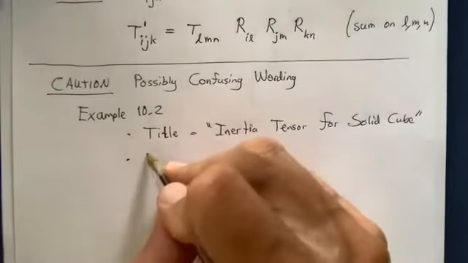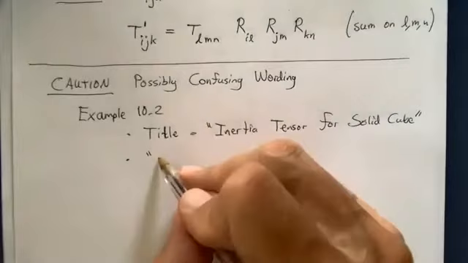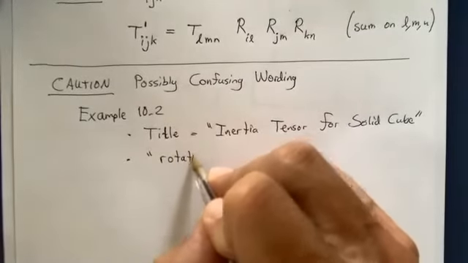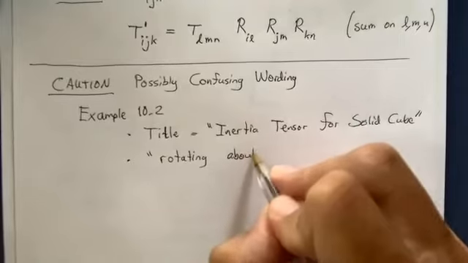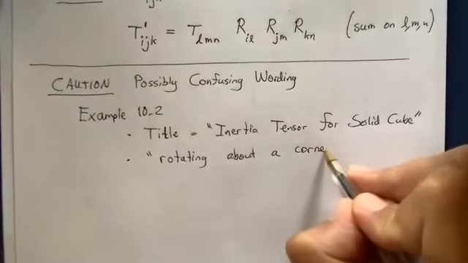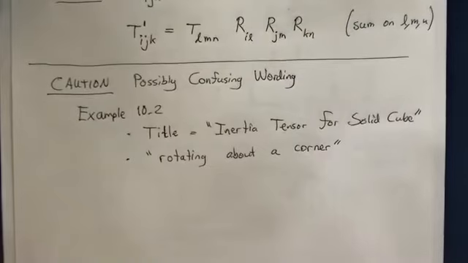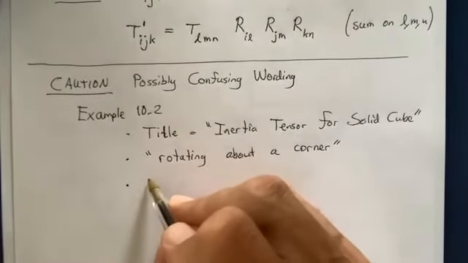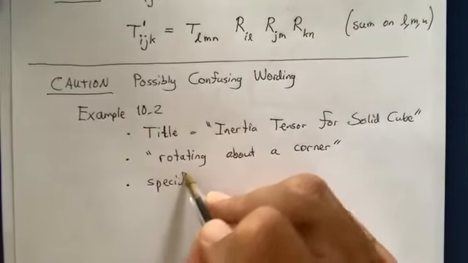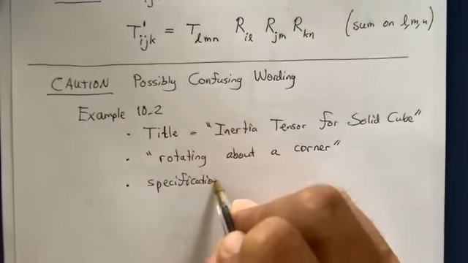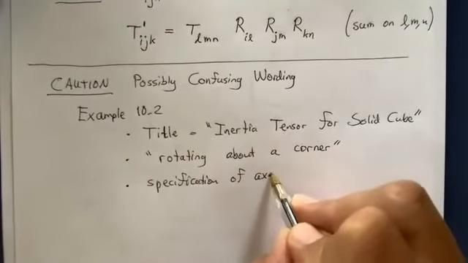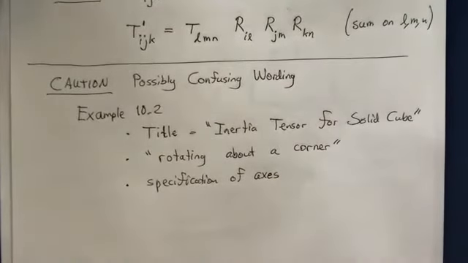We have this quote, "rotating about a corner," and then the specification of axes. So here's the thing. To compute the inertia tensor, you have to know the mass distribution, but you also have to specify axes.